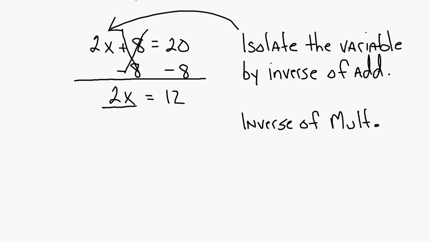You're going to divide by 2 and divide by 2. Now these 2's cancel, because 2 divided by 2 is 1. And the variable drops straight down. It's all by itself. And 12 divided by 2 is 6. So x is equal to 6.